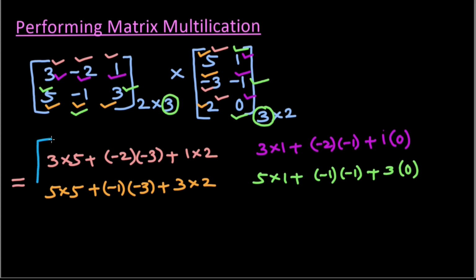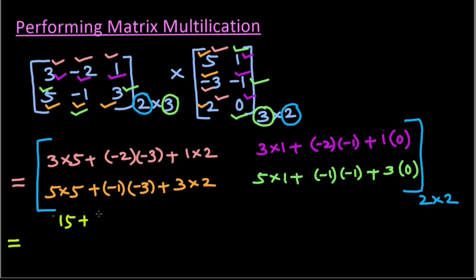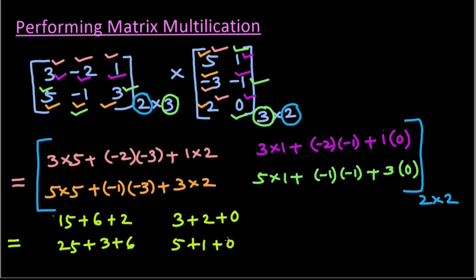We find that the order of the resulting matrix is 2 by 2. So it will be equal to 15 plus 6 plus 2, the first element, 3 plus 2 plus 0, the second element, 25 plus 3 plus 6, the third element, 5 plus 1 plus 0, the fourth element of the resulting matrix.